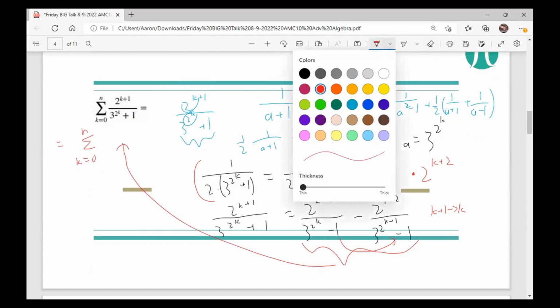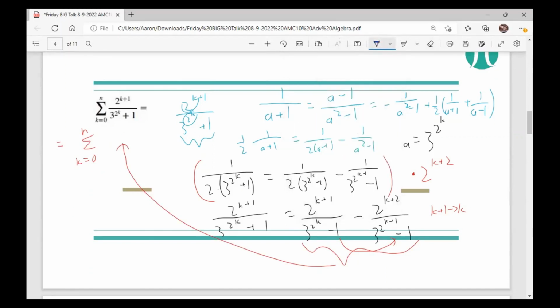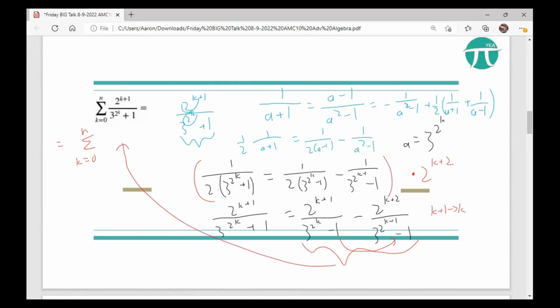And so now if you plug in k equals 0 to here, what you get is just 1. And of course, everything else cancels except for the minus n term. And if you plug that in here, you get 2 to the power of n plus 2 over 3 to the power of 2 to the n plus 1 minus 1.